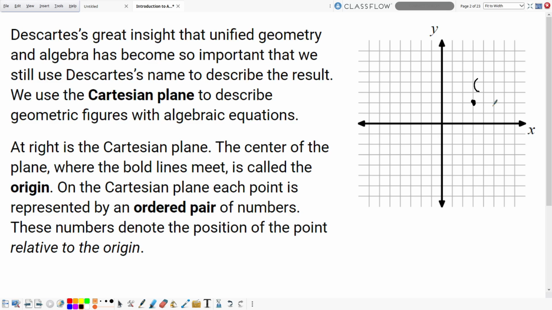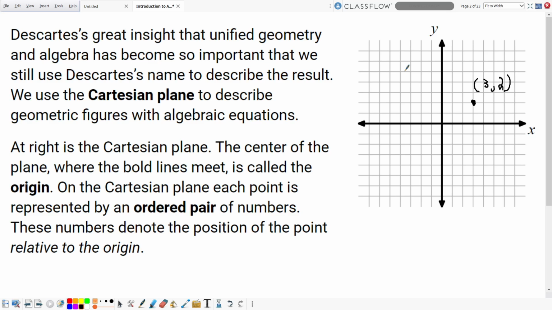So on the number line, that would be a 3. The 3 would be the first number in our ordered pair. And then we look at how far it traveled along the y-axis relative to the origin. Well, it moved up 2 spaces, so that's our second number. So the point I marked would be the point 3, 2.